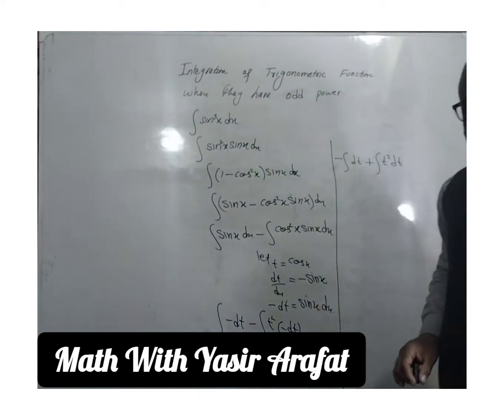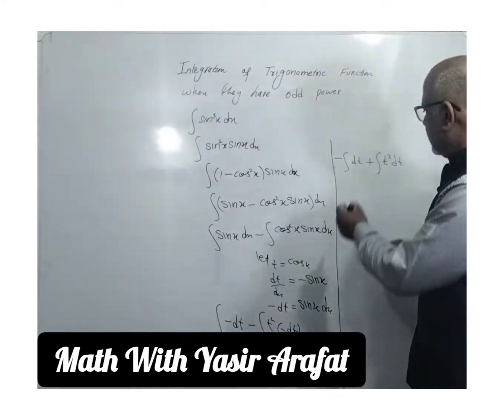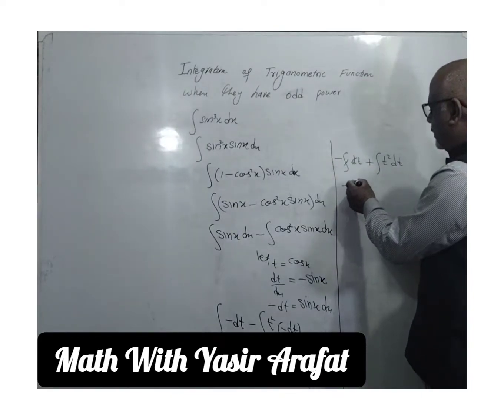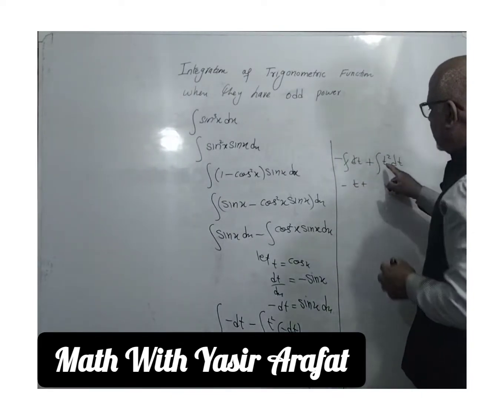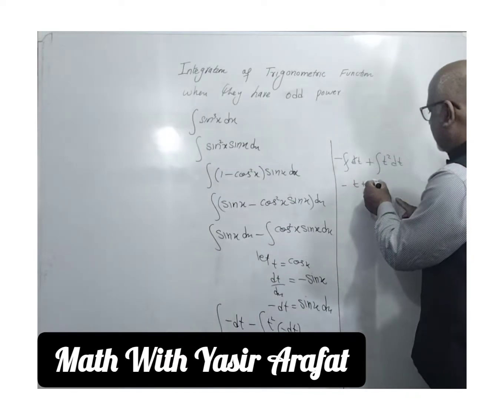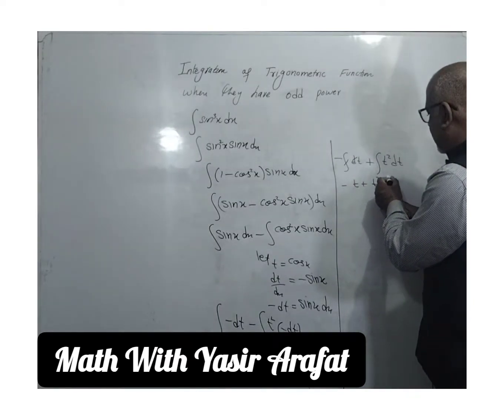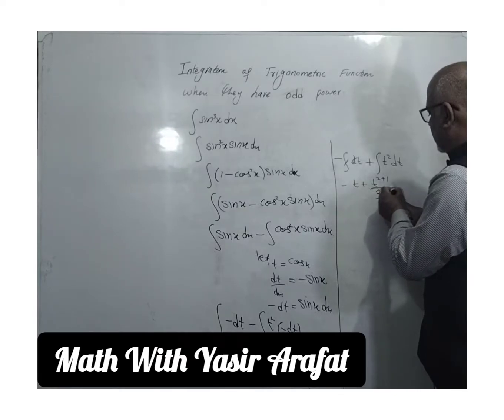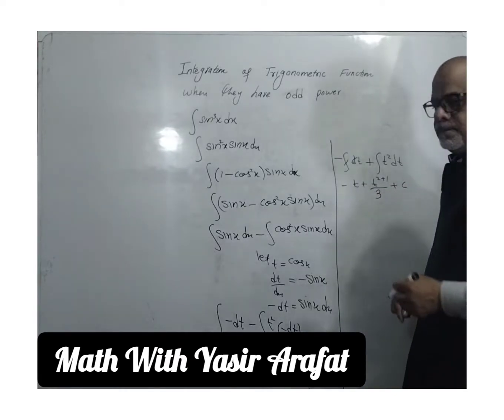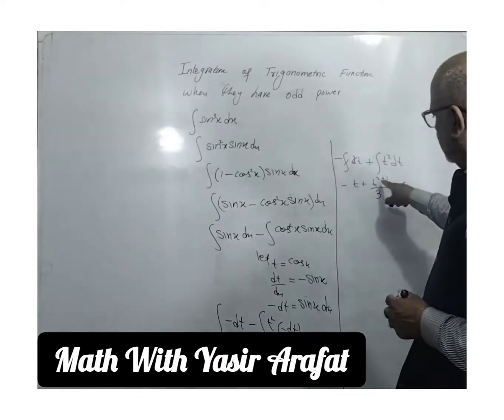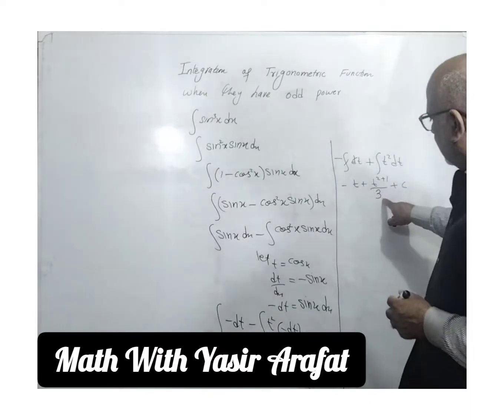Now we integrate with respect to t. So this is minus, and the integration of t square: we add 1 to the power 2 and divide by the result, t cube, plus c.